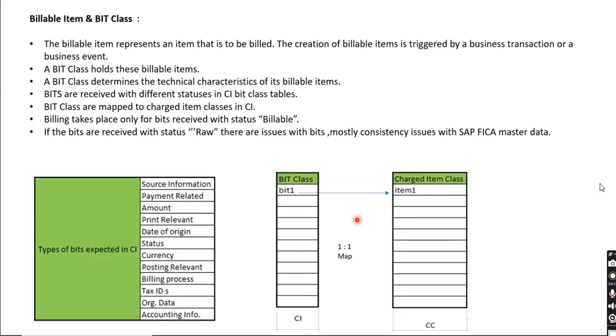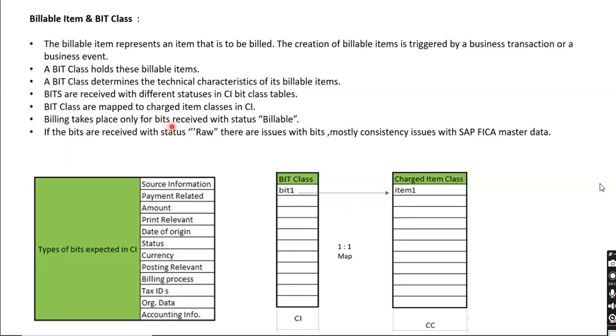Say I have a bit class A and it is mapped with subprocess 1. So they must send me A and 1 together. If they send A and 3 together, it will fail. It will be called raw or incomplete. That's why whatever bit class we configure in CI has to be informed to CC, so that they send the bit under that particular bit class only.